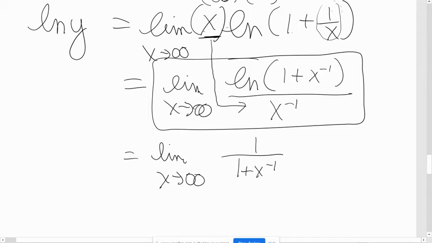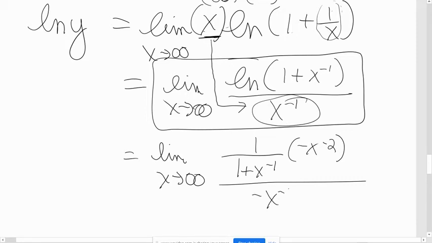The derivative of 1 is 0. The derivative of x to the negative 1 is negative x to the negative 2. And then we're going to divide that by the derivative of the bottom, which would be negative x to the negative 2. All right, so again, if you get confused here, pause it, look at it, see if you follow it. All right, good news is I can cancel those.